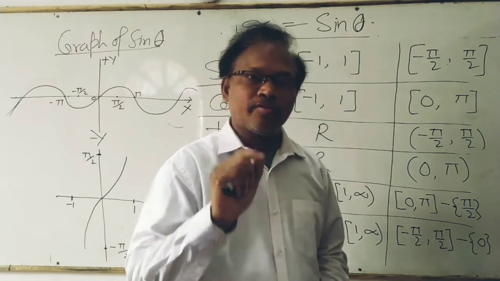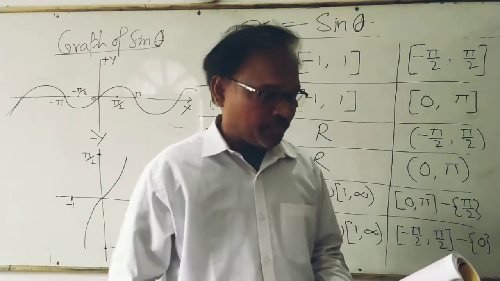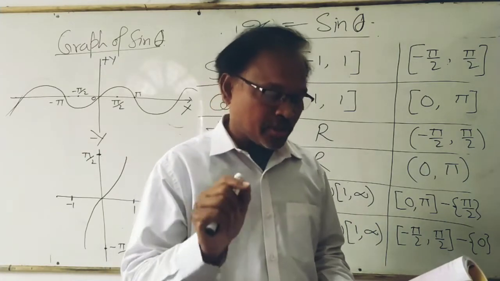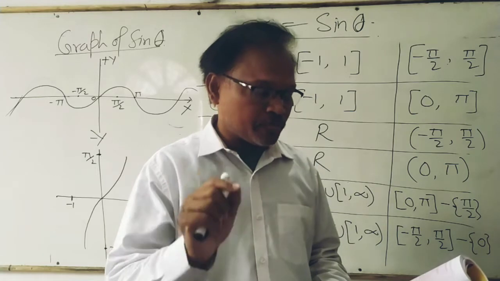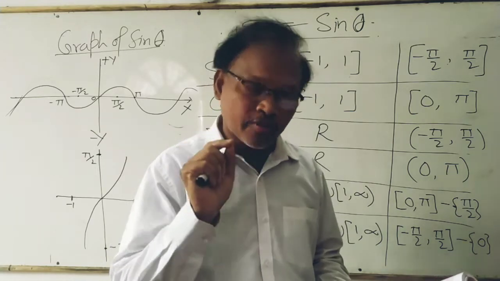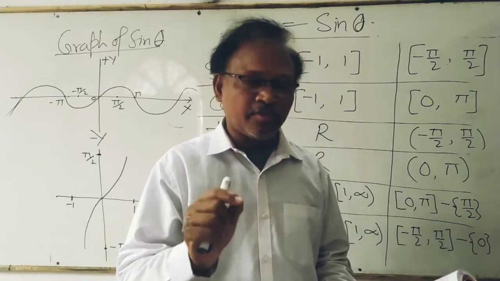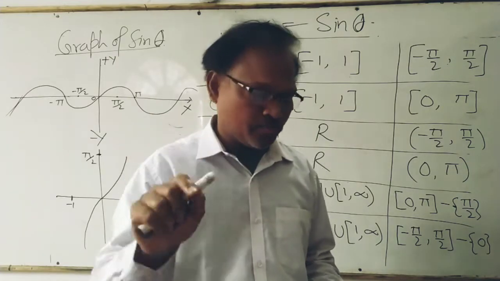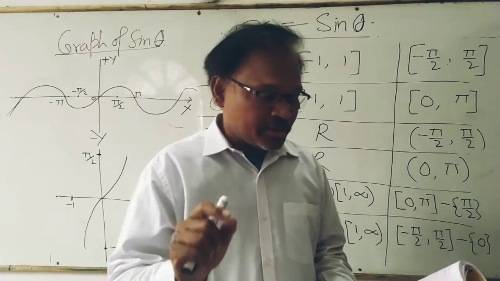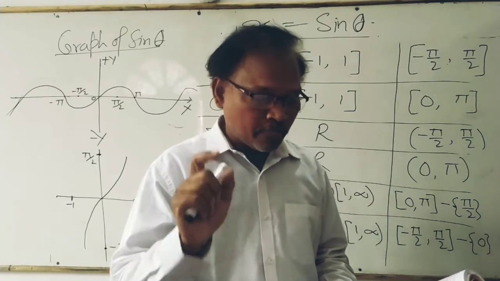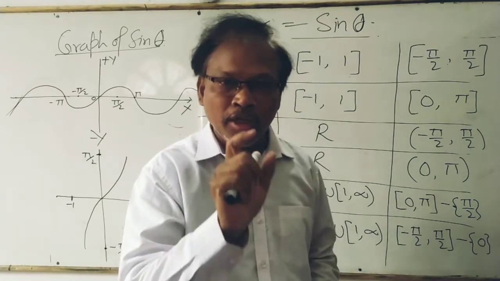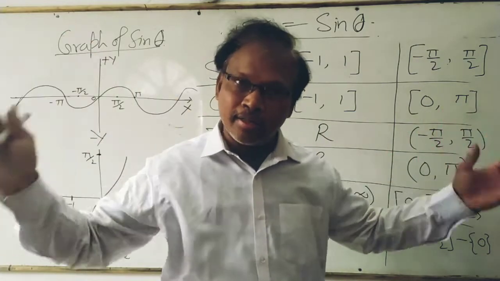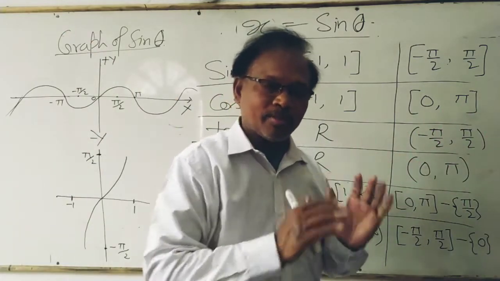In the introduction of the inverse trigonometric function, it is given that only 1-1 and onto functions are invertible. If a function f is 1-1 and onto, then its inverse exists and is denoted by f inverse, या कोई भी function f है तो उसका inverse f^-1. But trigonometric functions are not 1-1 over their whole domain. पूरे डोमेन में ये 1-1 onto नहीं होते हैं, उसका भी अभी हम बता रहे हैं क्यों नहीं होते.